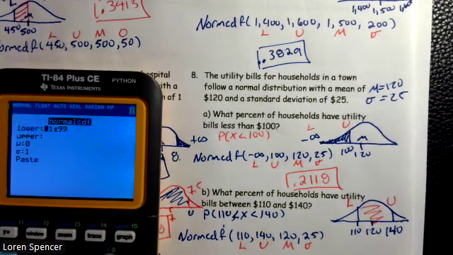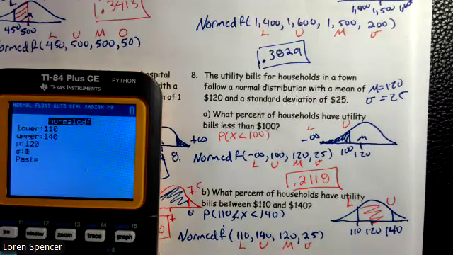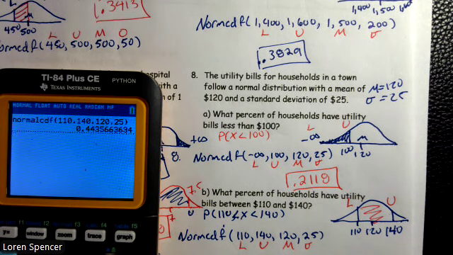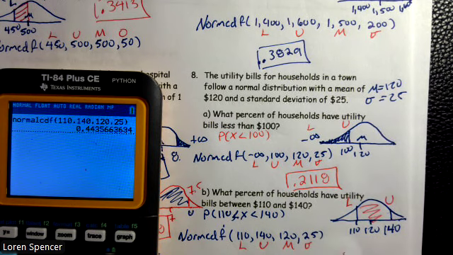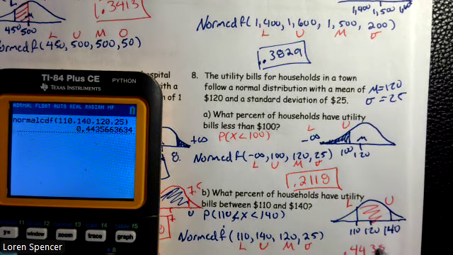Second VARS, normal CDF, lower bound 110, upper bound 140, mean 120, standard deviation we said was 25. And we get about 44%. So 0.4435.